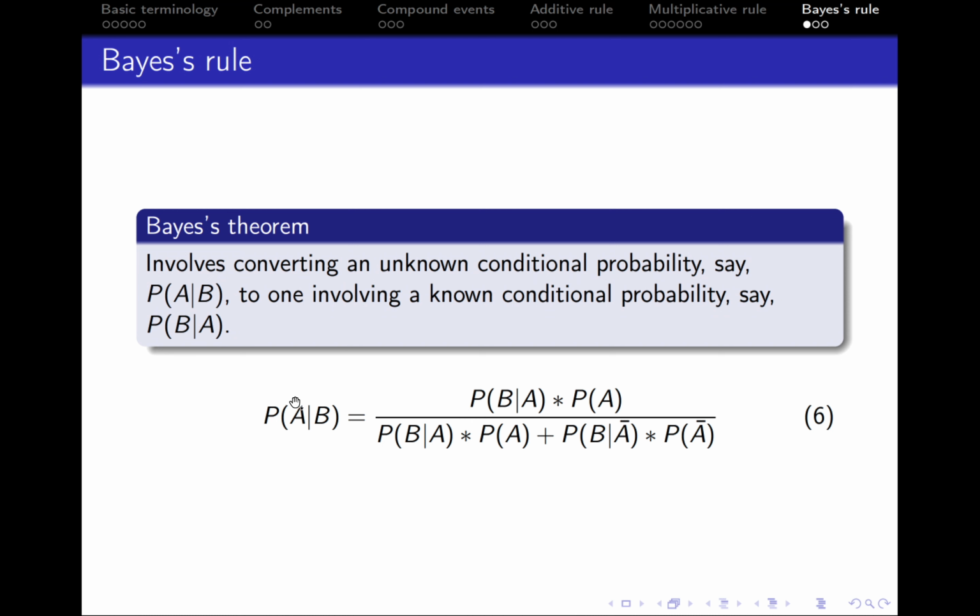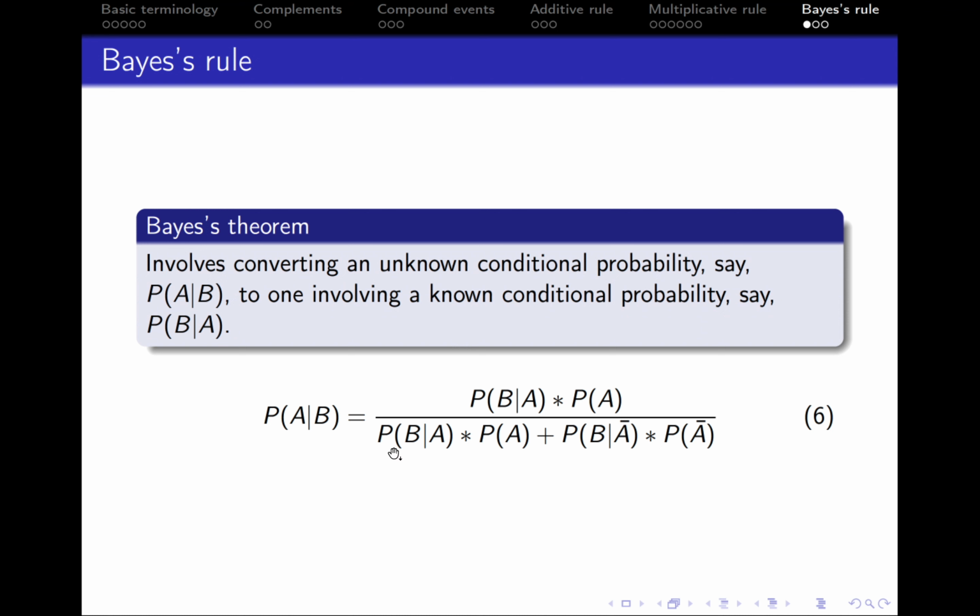And here is a formula for you. The probability that event A happens given that event B has happened is equal to, in the numerator, the conditional probability that event B happens given that event A has happened multiplied by the probability of event A, and we divide this product by the sum of two elements.